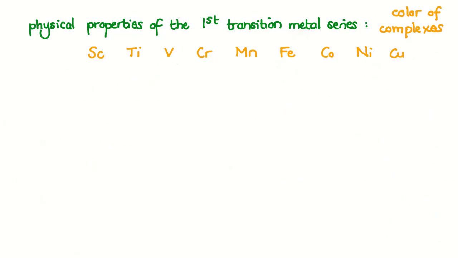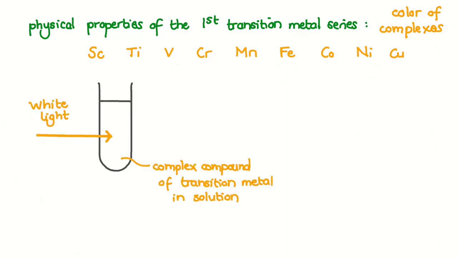We will look at the last property now, and that is the color of transition metal complex compounds. When white light, which is composed of the 7 colors of the rainbow, passes through an aqueous solution of a complex transition metal compound, some wavelengths are absorbed and some will pass through the solution.